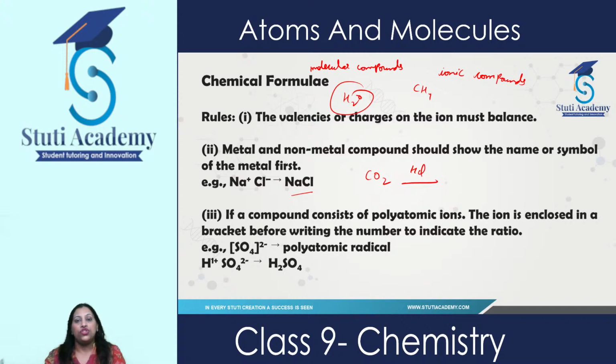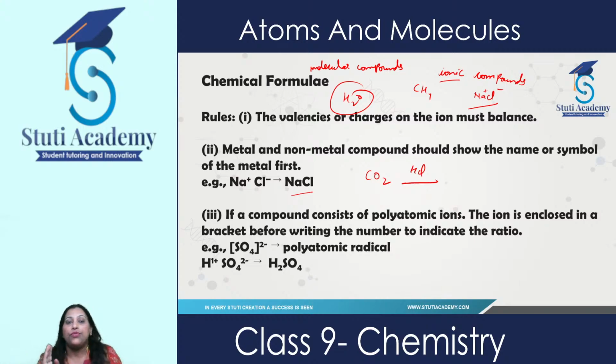Here they are sharing electrons. And ionic compounds are formed when there is a transfer of electrons. An example is NaCl, where ions are there. So molecular compounds are formed by the sharing of electrons and ionic compounds are formed by the transfer of electrons.